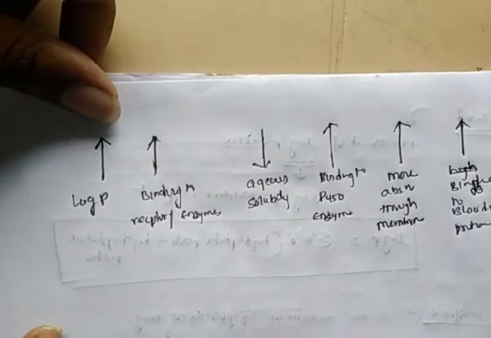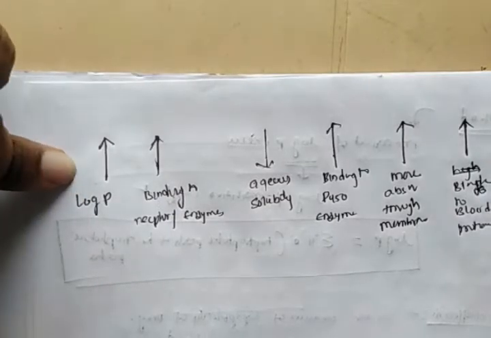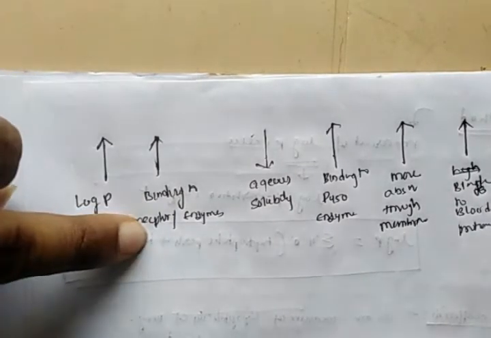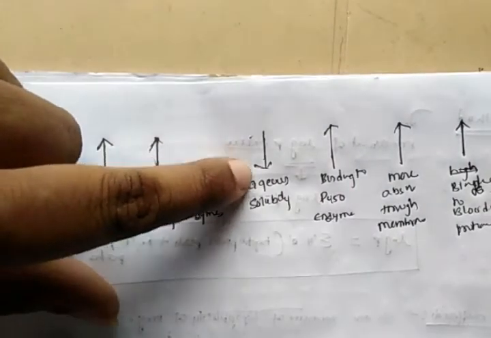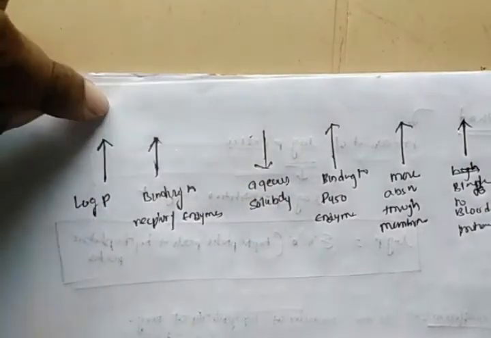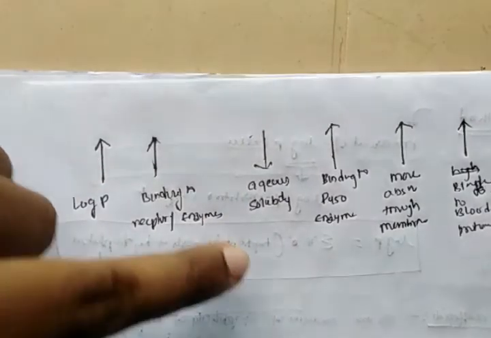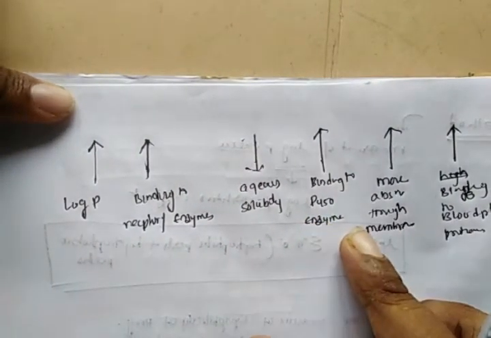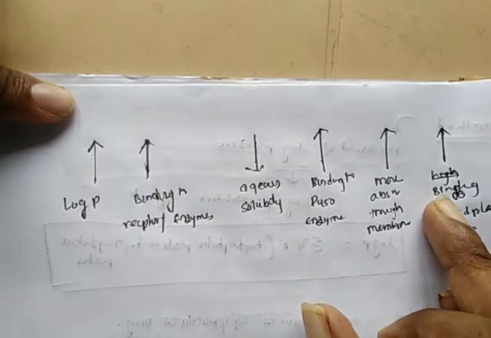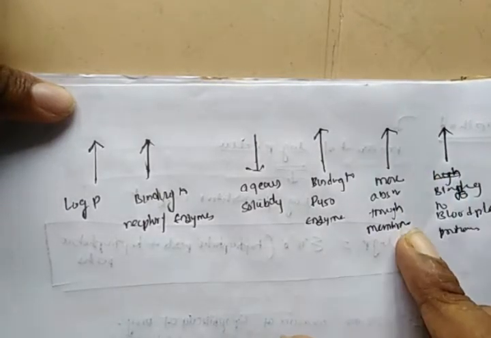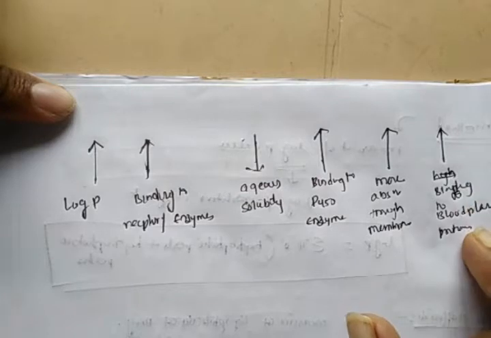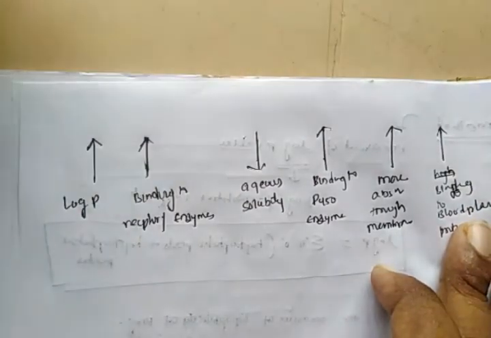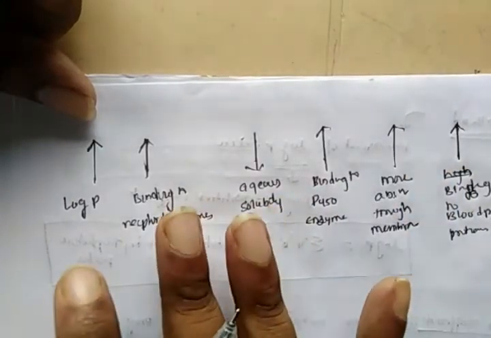If the drug has a high log P value, it has high binding capacity to receptors and enzymes, but it has low aqueous solubility. As the log P value increases, aqueous solubility decreases. As the log P value of the drug increases, binding to P450 enzymes increases. As log P value increases, absorption through the membrane increases. As log P value increases, binding to plasma protein also increases. These are the various relations between log P values and other parameters.